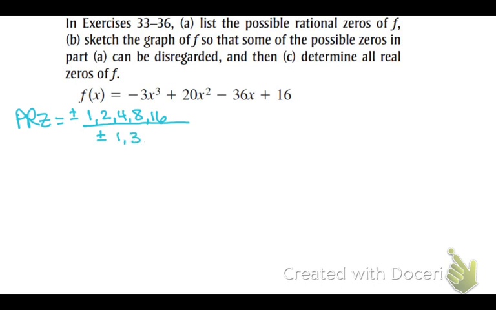So I've got 1, 2, 4, 8, 16 pluses and minuses, and then I have 2/3, 4/3, 8/3, 16/3. Correct? Okay. Any holes in that? No. Okay, well then part B says sketch the graph so that some of the possible zeros in part A can be disregarded, and then determine all the real zeros.